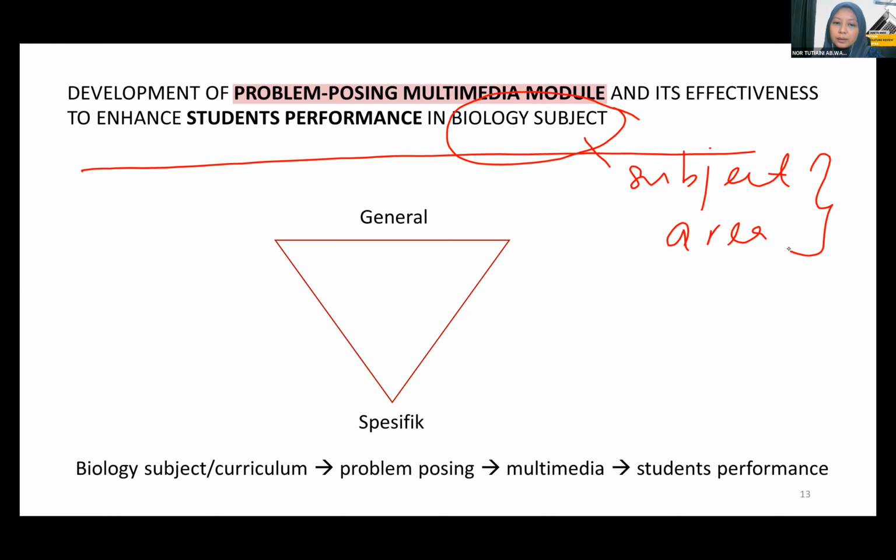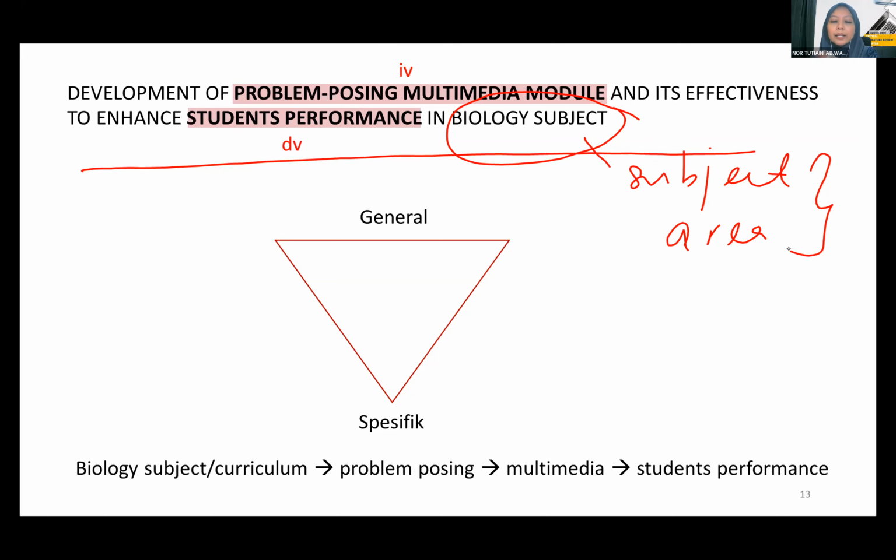Okay, this one will be my independent variables. Whereas my next variables will be the student's performance. Okay, because I want to see either this particular problem posing and multimedia kind of things ni boleh tak enhance the student's performance kan? So my student's performance will be dependent variable.